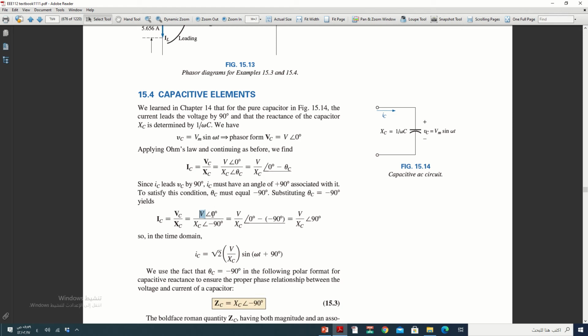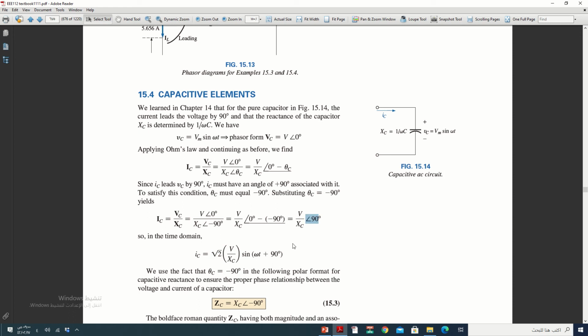Okay, this means V RMS with 0 angle divided by XC with minus 90 will be plus 90. Okay, V RMS over XC, this is I RMS. To find the peak value, we multiply by root 2, sine omega t plus 90.